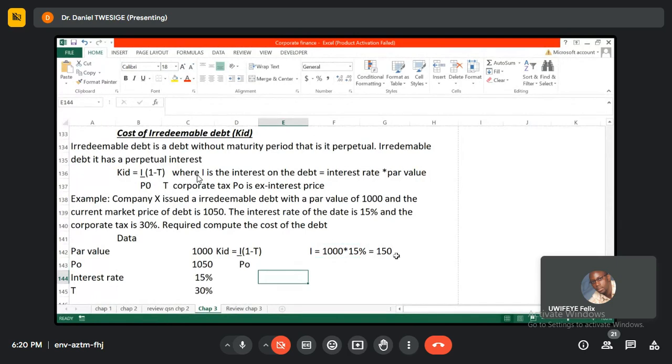So from here, I can substitute. Meaning my Kd, because I have all the data now, will be 150 times (1 minus 0.3).